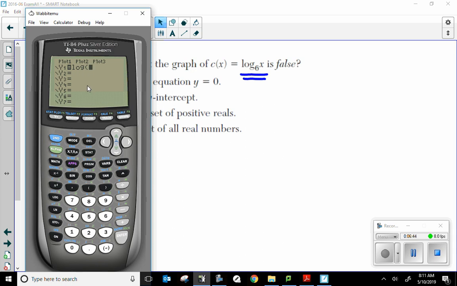We don't want that. So where do I go to log base? Some people say hit math, and if you scroll down here, you can hit math, then A. Or, I like the shortcuts. I hit alpha window, and it's right there, number 5. Either way, once you hit log base, now it allows you to put the base in.